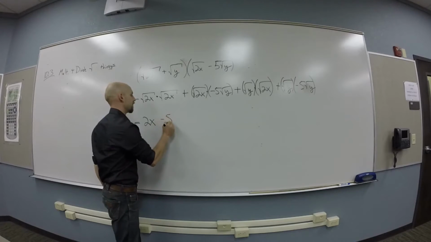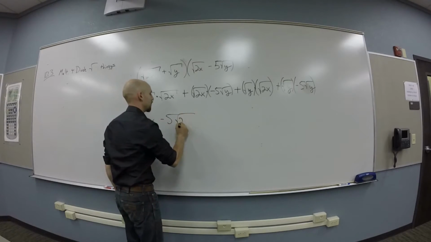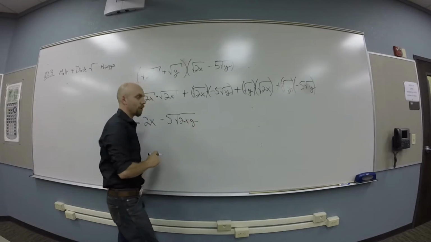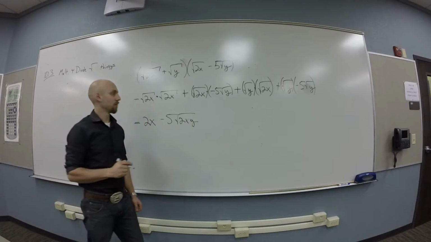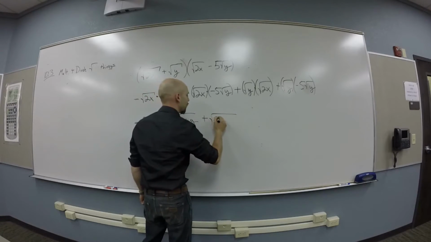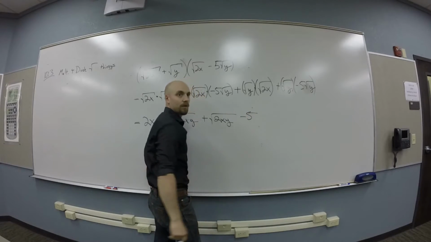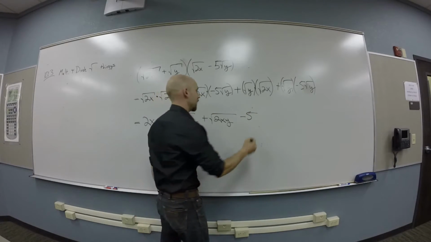Good, there's a negative 5 square root of 2xy. Wonderful. Plus square root of 2xy, minus 5 square root of y squared, which is minus 5y.